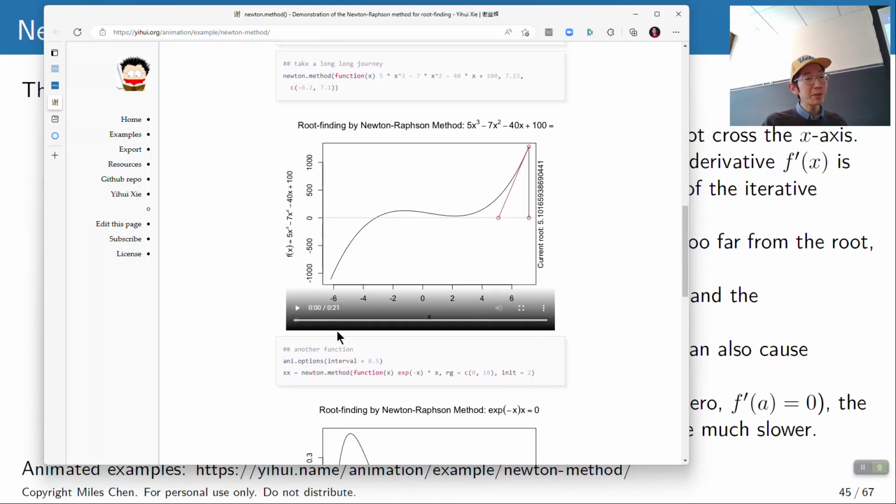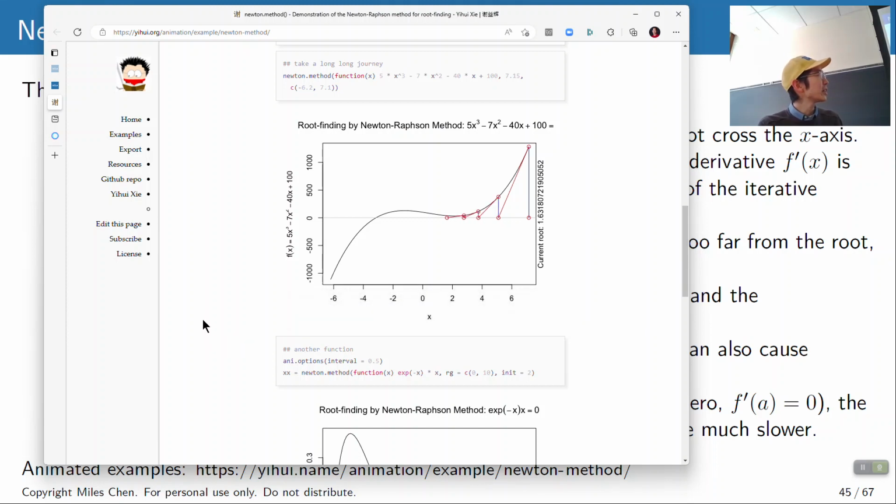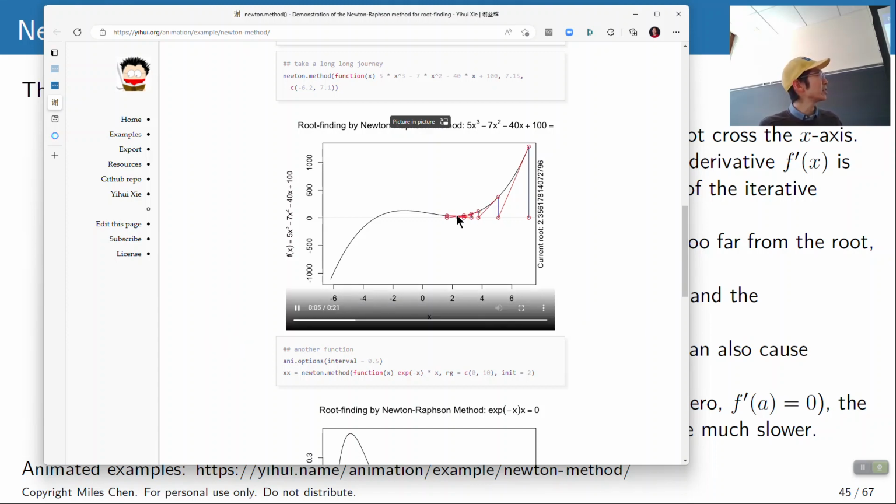Now here's a function where the root is over here, but there's a spot where we get this flat zone, and you can see the algorithm struggle to get out of it, right? It ends up over here, oscillates back and forth, gets trapped here, and eventually it ends up over here and is able to find the root, okay?